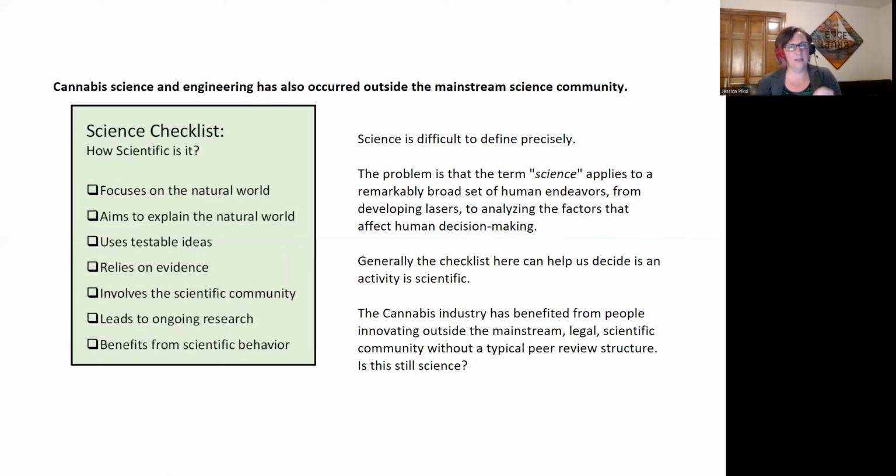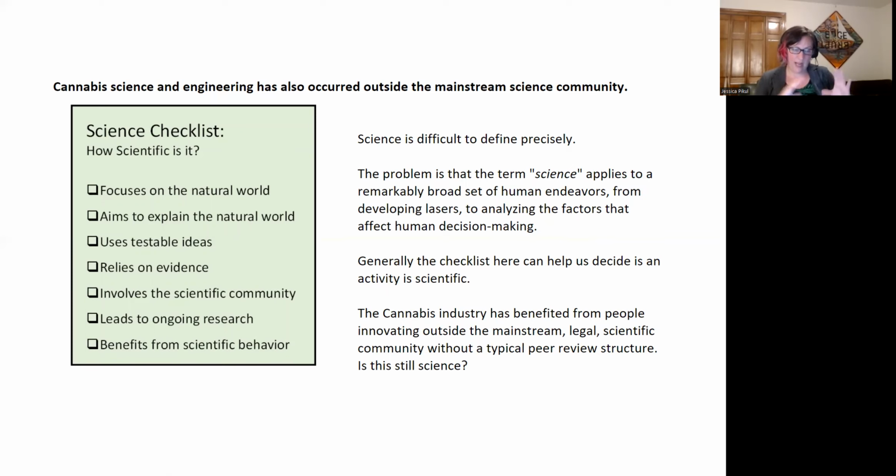A lot of the work to innovate in growing the plants, in extracts, or in the medicinal properties of cannabis, while it was illegal, had to take place outside of that mainstream scientific community. So I want to take a second here to talk about what is science, what's scientific. Was the work that advanced the cannabis industry during its prohibition science? I think that's an interesting topic.